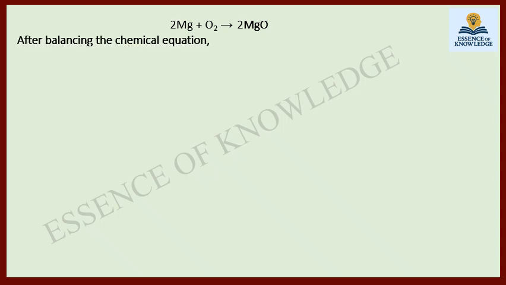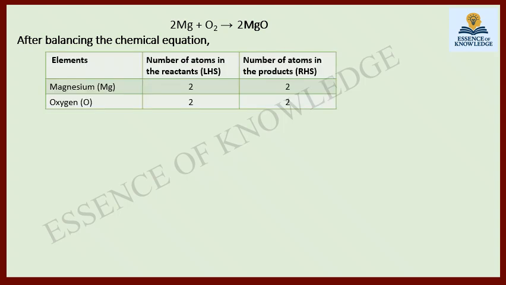So I have balanced this chemical reaction by inserting 2 before magnesium and 2 before magnesium oxide. After balancing, I have got 2 magnesium atoms on the left hand side and 2 magnesium atoms on the right hand side.